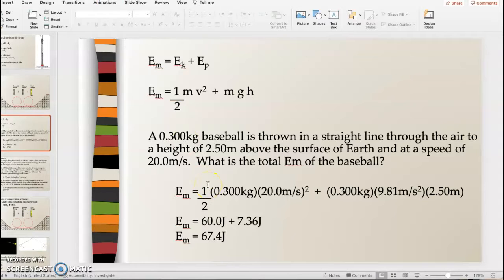Let's take a look. We've got a baseball, we're throwing it in the air, we've got a speed, and we need the total, what's that called? Mechanical energy. Let's use our erasable pen in case we make some mistakes, and we'll list our variables.